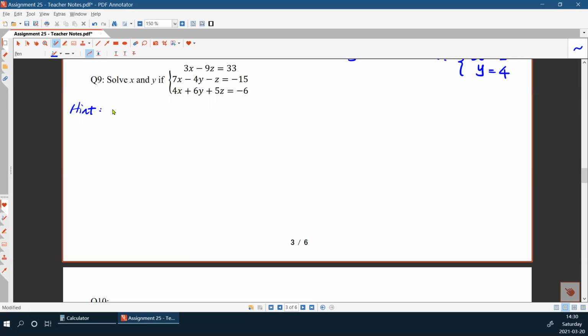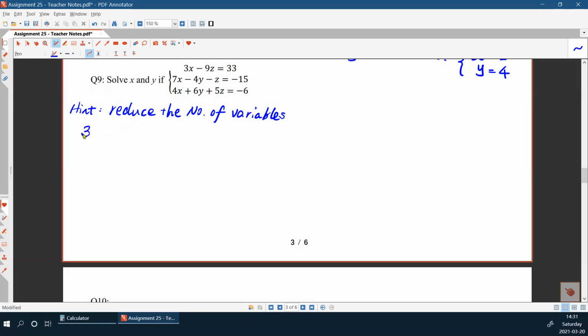The method is to reduce the number of variables, because we already know how we can solve a two-variable, two-equation system, right?